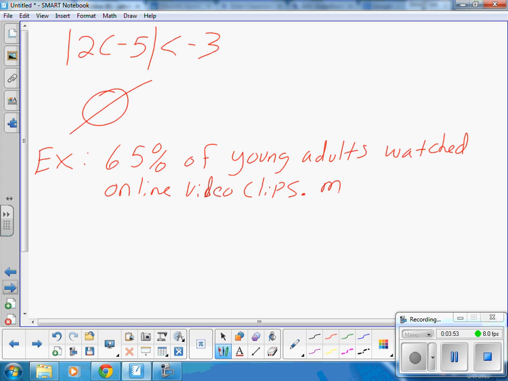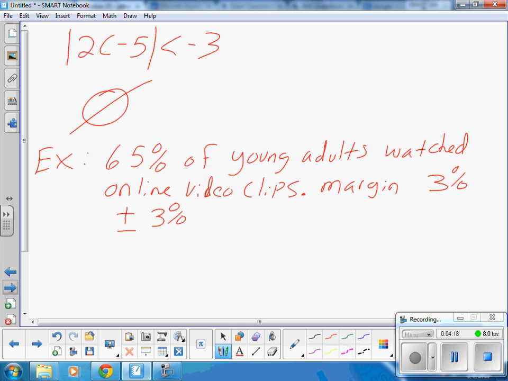The margin of error is 3%. Okay, you need to understand what it means to be margin of error. A margin of error of 3% means we could be off by 3%. That means we could be 3% high or 3% low, so that is a plus or minus 3%.